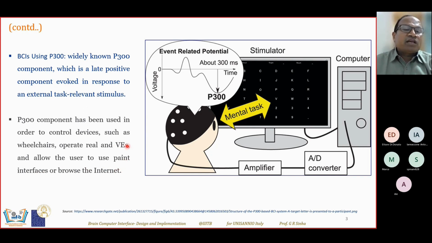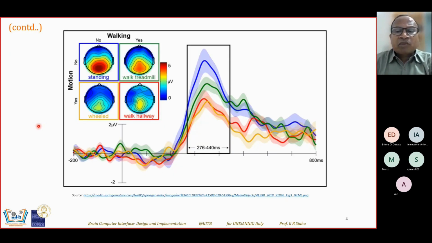The user can do some painting work, and can also be guided to browse the internet and do some tasks. These kinds of control activities are facilitated by the system very popularly known as P300 BCI.